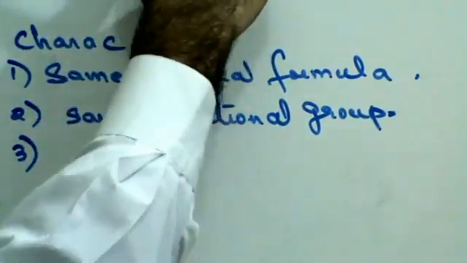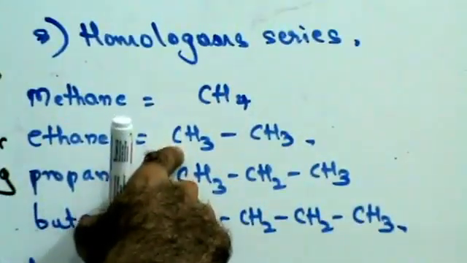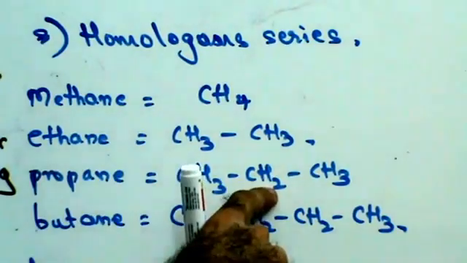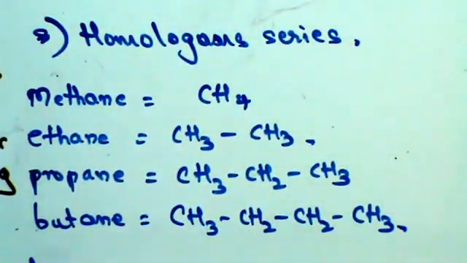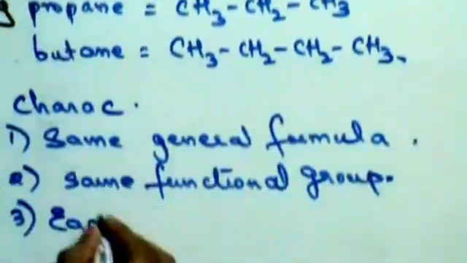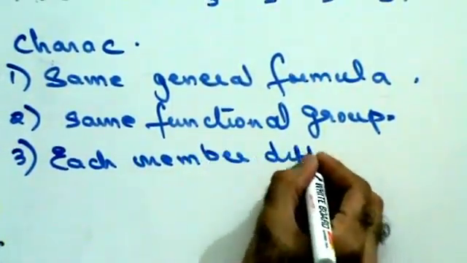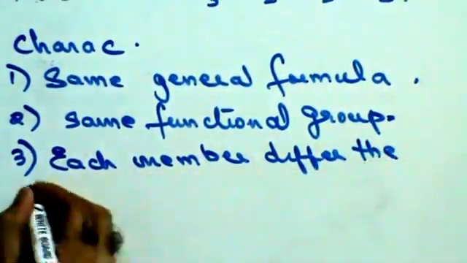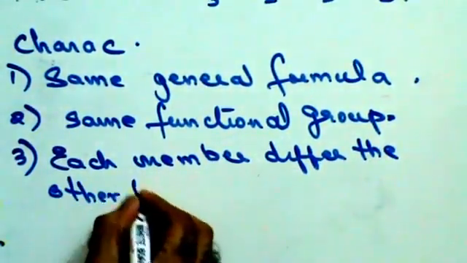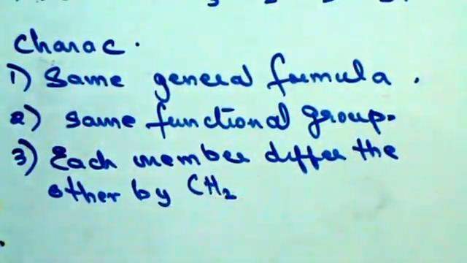The difference between this and this is CH2, and likewise for each pair. So each member differs from the other by CH2.